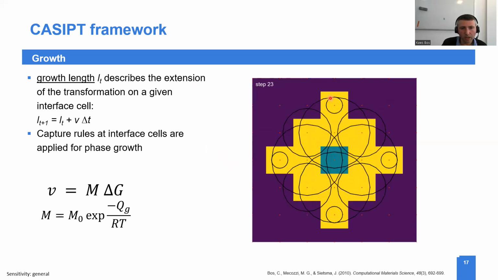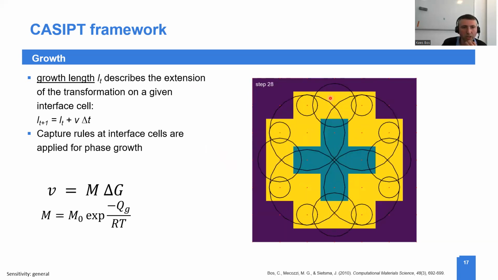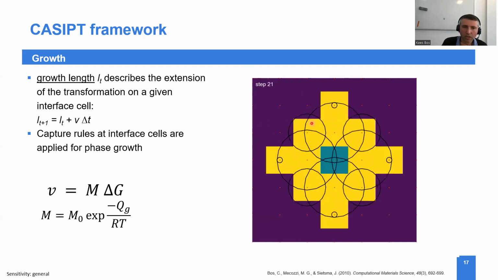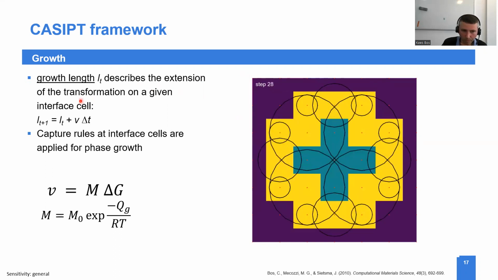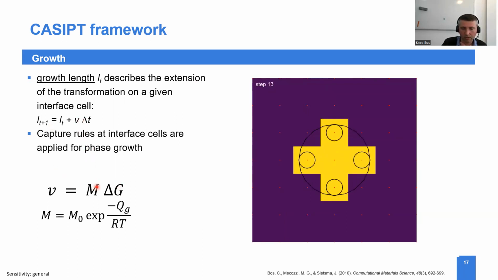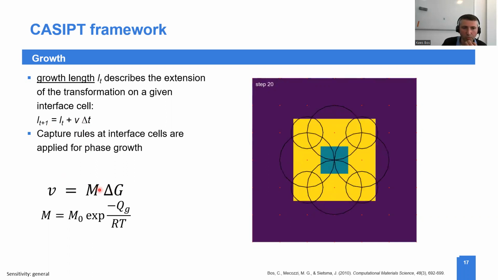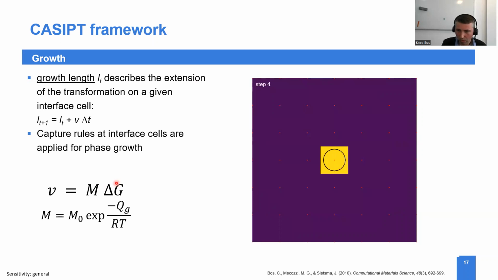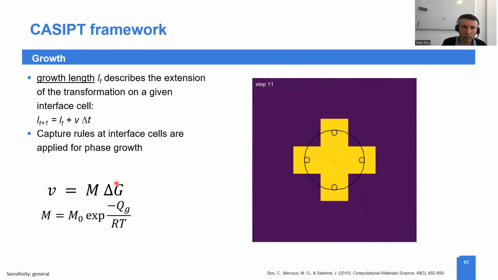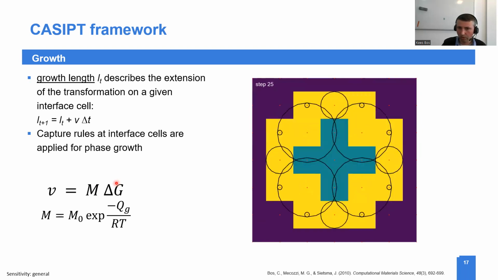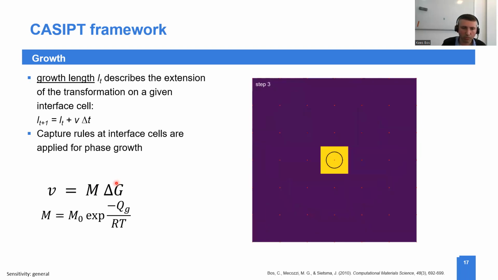Initially, we only consider isotropic growth, and every time step we update the growth length of every interface cell based on the interface velocity, and the interface velocity is then typically described as a product of the mobility and the driving force. This driving force could be from recrystallisation or from phase transformation. In that sense, this is quite basic, but already quite flexible, and it means you have a quick way to introduce many different types of transformations into the same framework.